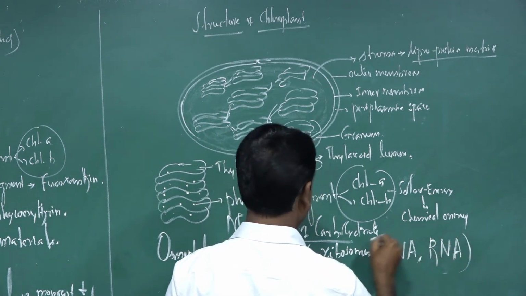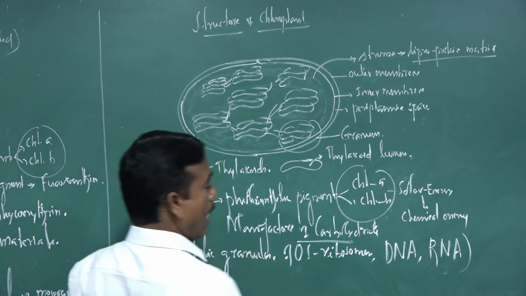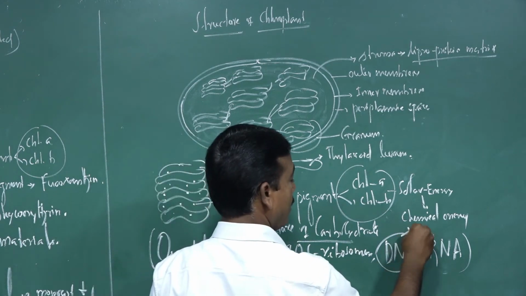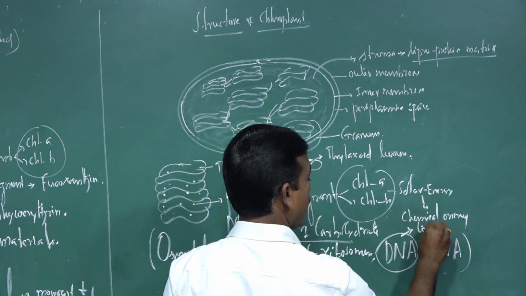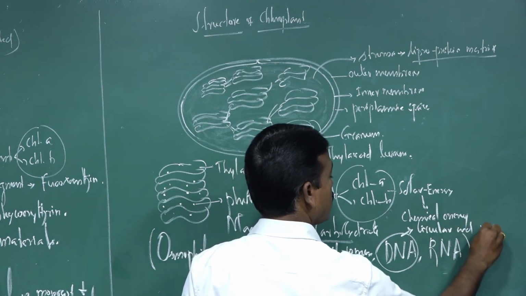Those are generally present in the structure of the chloroplast. What type of DNA is there? Circular and non-histone DNA is there.